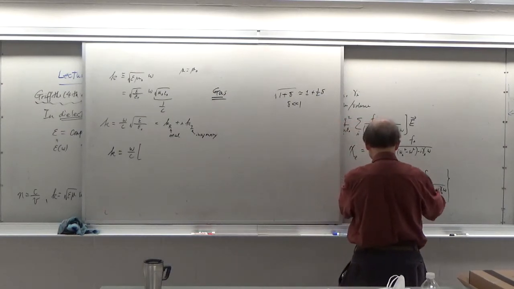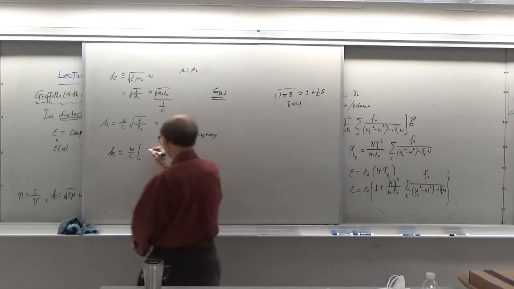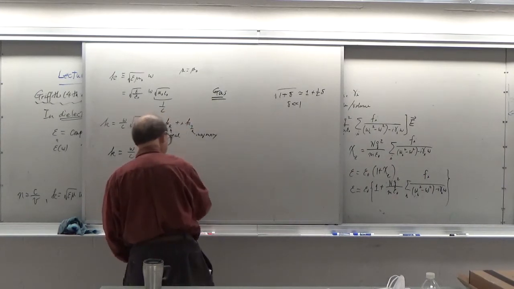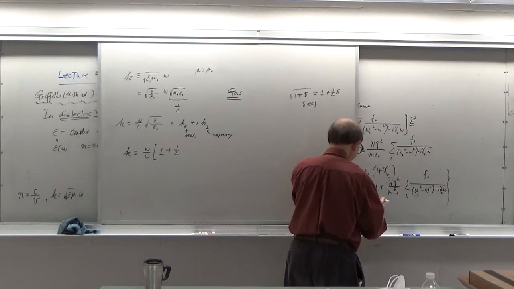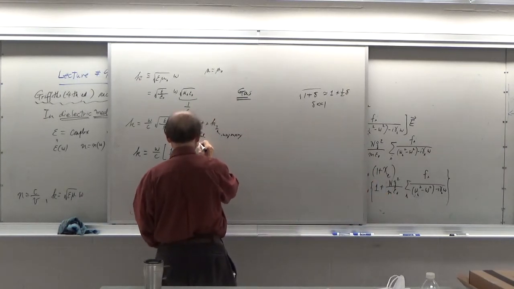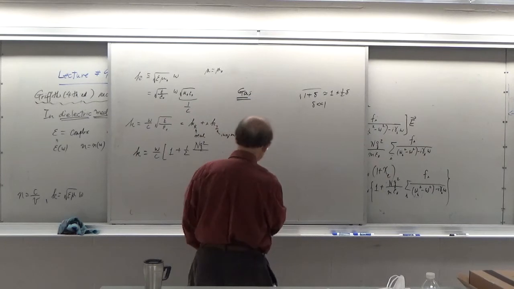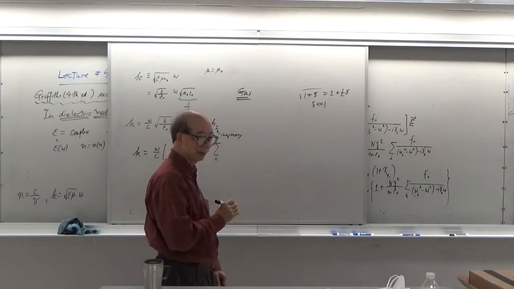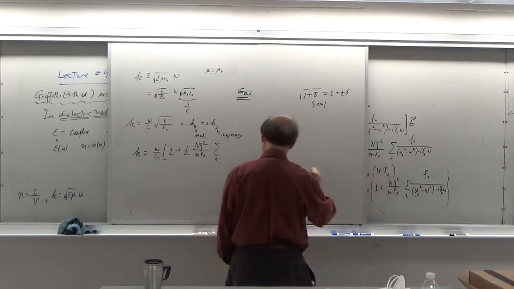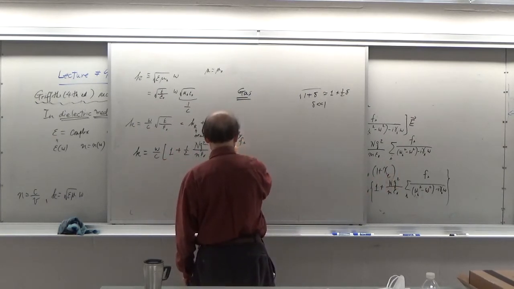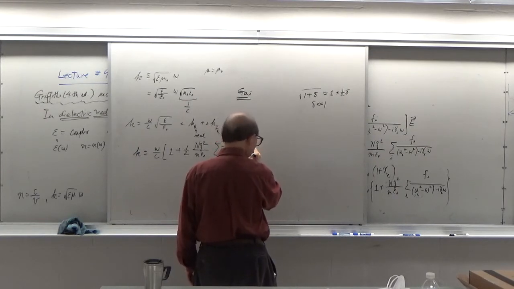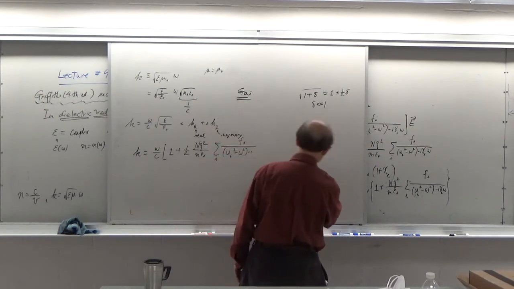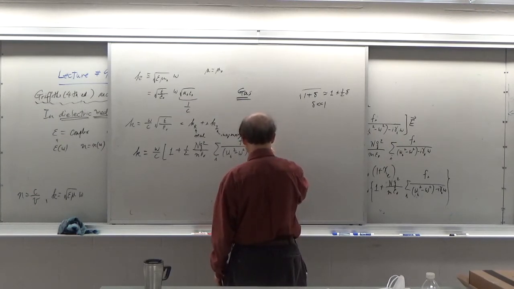So as I said, it's 1 plus one half of this, which is n q squared over m epsilon naught, and then the complicated summation over f_i divided by omega_i squared minus omega squared minus i gamma_i times omega.